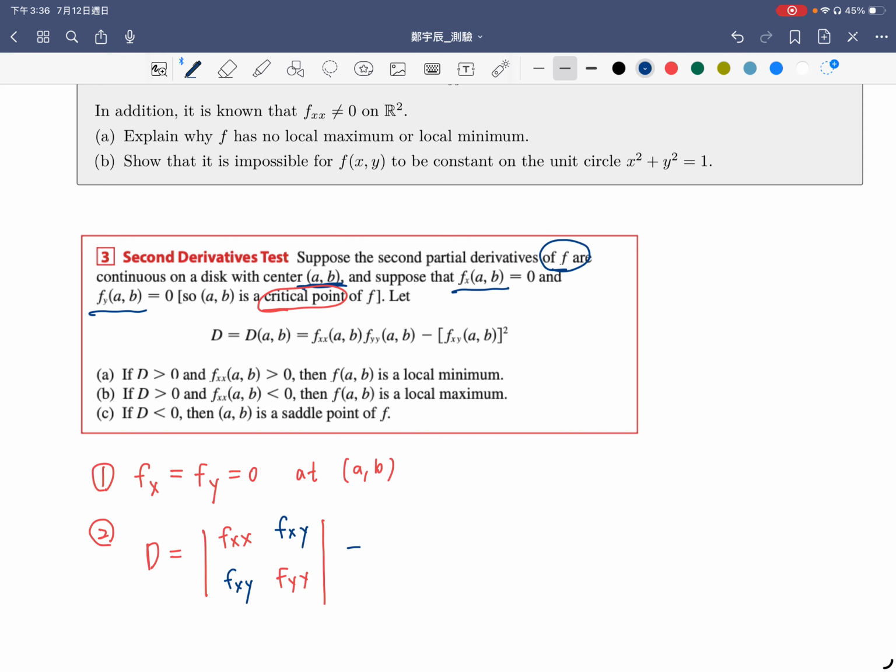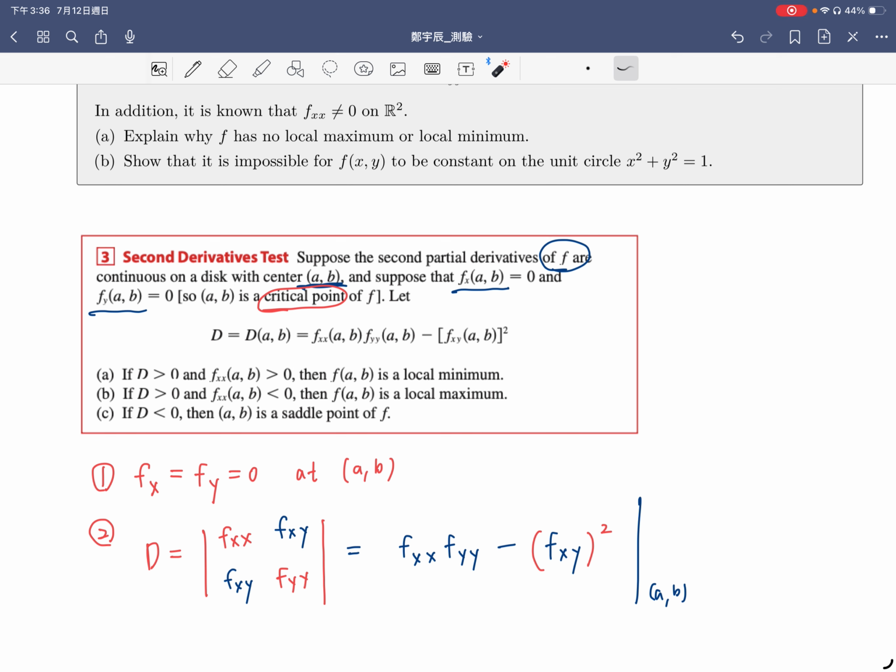So the result should be fxx fyy minus fxy squared. After you calculate this value and evaluate it at (a, b), you will find a number.